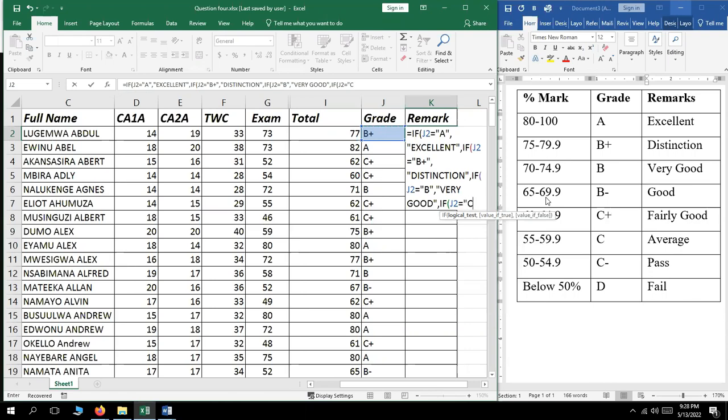We type our input, close the quotes, put a comma, then open quotes once again and put our output. I think it's fairly good. Then we close the quotes and put a comma.